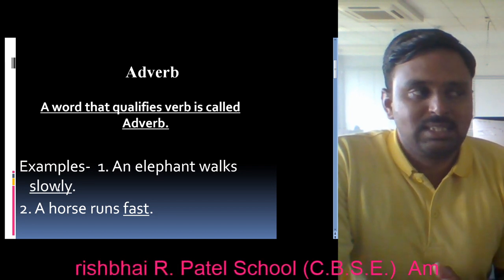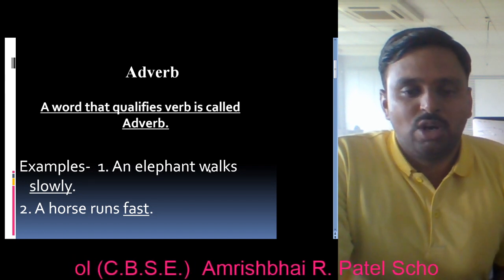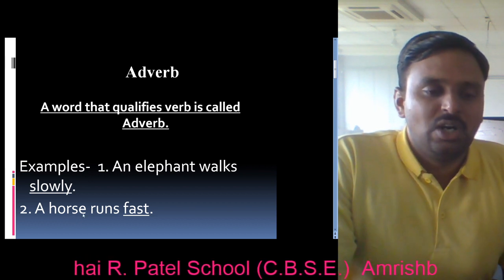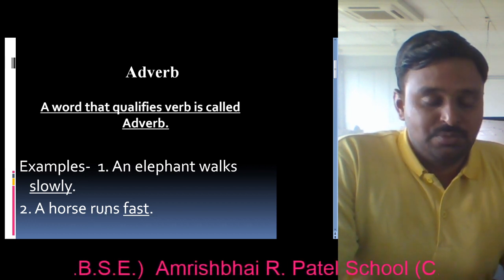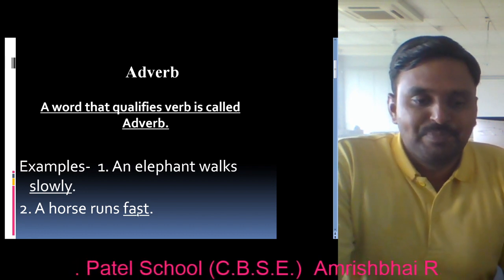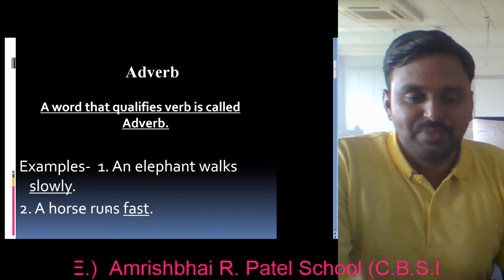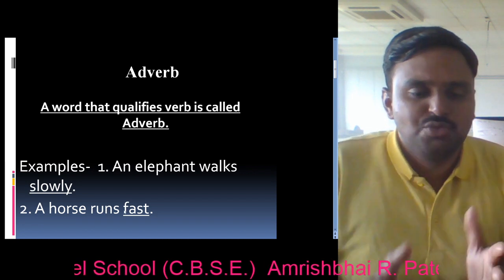So slowly is an adverb because it describes the action of the elephant walking. Look at the second example. A horse runs fast. Now here runs is a verb and fast is an adverb because it's describing the action of the horse running. If you ask how the horse is running, the horse runs very fast.